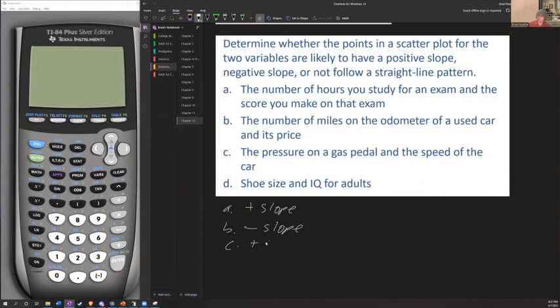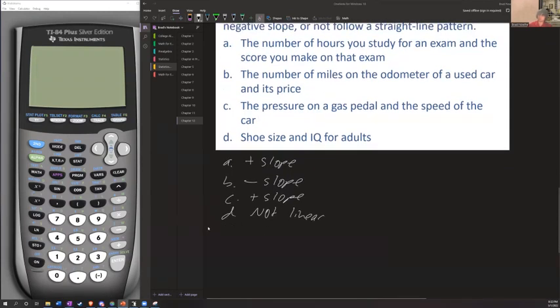This is a positive slope. And then D, shoe size and IQ for adults. Well, as shoe size goes up, it doesn't seem like it matters to IQ at all. So this one would indicate this is not linear or not a straight line pattern. So there we go.